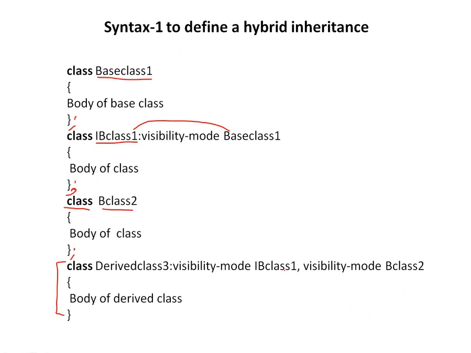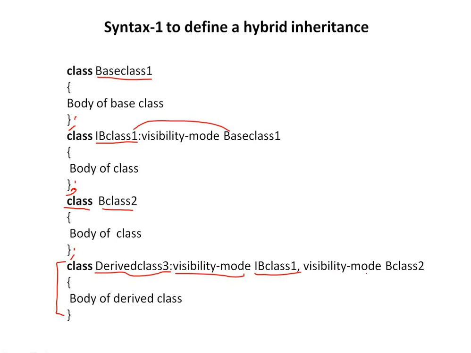Now for class D, first we have to write the keyword class, followed by derived class 3. Here, derived class 3 is the bottommost derived class. In our example, the bottommost derived class is D. Then the colon operator, followed by visibility mode. Visibility mode is followed by IB class 1. IB class 1 means intermediate base class, comma.